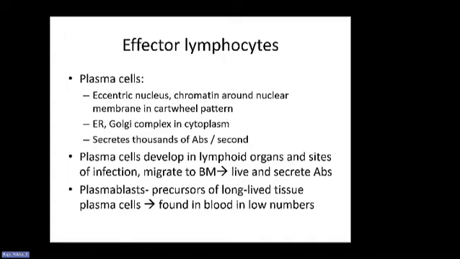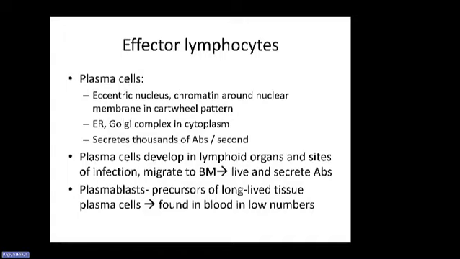Compared to that, for B cells, the effector lymphocyte is called a plasma cell. It has a very specific structure. It has an eccentric nucleus that gives away the pattern. It has chromatin around the nuclear membrane in a cartwheel pattern. And of course, it secretes thousands of antibodies every second.